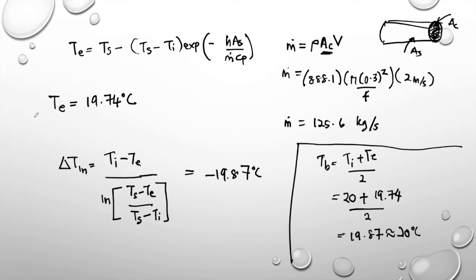After you get the Te, you have to plug it into delta T log mean. So this is the equation, and you will get this value equivalent to minus 19.87. That is delta T log mean. Then you have to substitute into Q. Q dot equals h As delta T log mean. So we want to find the rate of heat transfer.